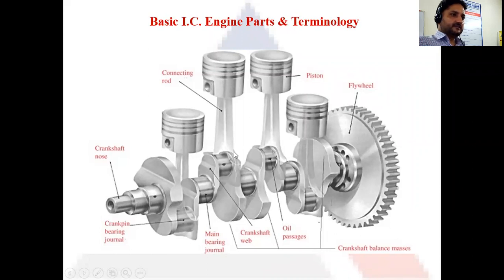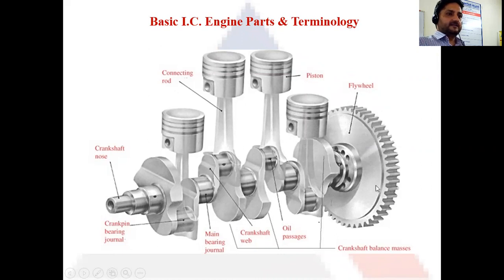Okay. Now here you can see there are holes inside the whole crankshaft. These holes are provided for the lubrication purposes, because there is always motion taking place. So we need to lubricate continuously so that wear does not take place. And then on the right hand side, you can see there is a flywheel.